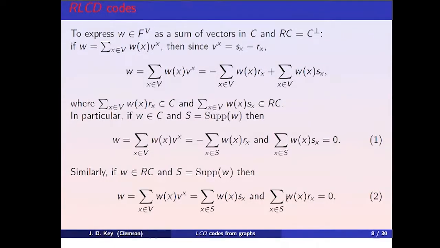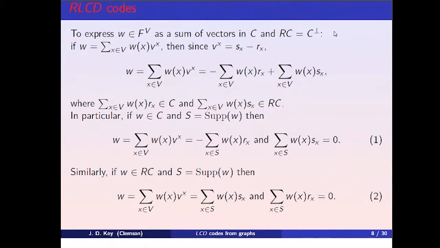So how do you express a word? This is any vector in F to the V, and I want to know how to express it as a sum of vectors. I've got an RLCD code, as it says up there, and so I know RC is C perp, and therefore I know that the space is a direct sum. In general, it's not an easy thing to do.